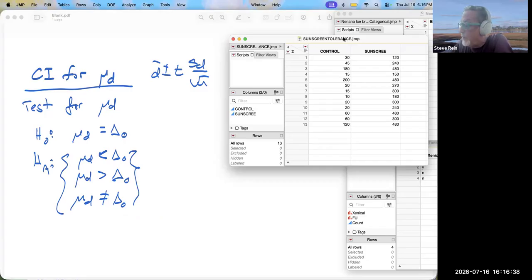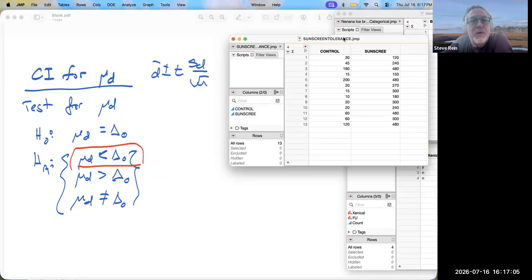The first one corresponds to the first group having a lower mean than the second group, if you will. If you're subtracting control minus sunscreen, and the sunscreen group is able to be in the sun longer, that would be your natural alternative hypothesis. Does sunscreen increase the amount of time?